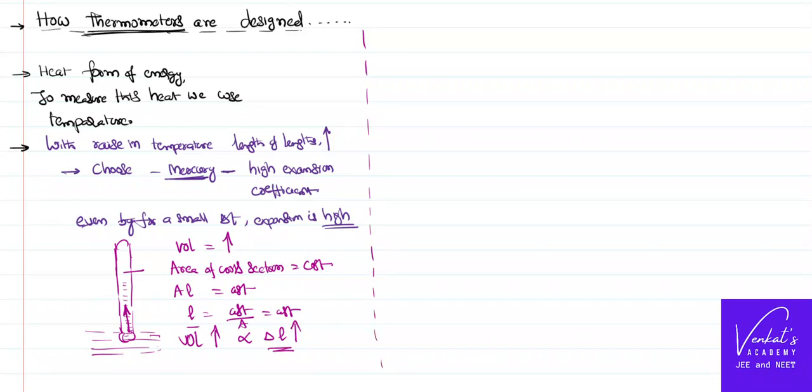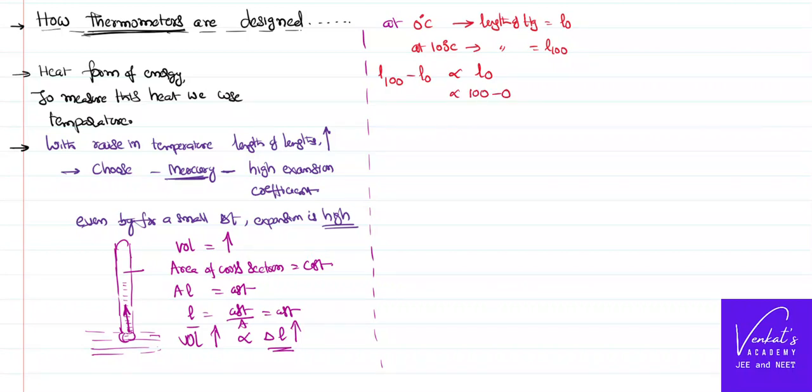Let us say at 0 degree centigrade, the length of mercury is L0. At 100 degree centigrade, the length of mercury is L100. Then the increase in the length, L100 minus L0, is directly proportional to its initial length and also directly proportional to the change in temperature, 100 minus 0.